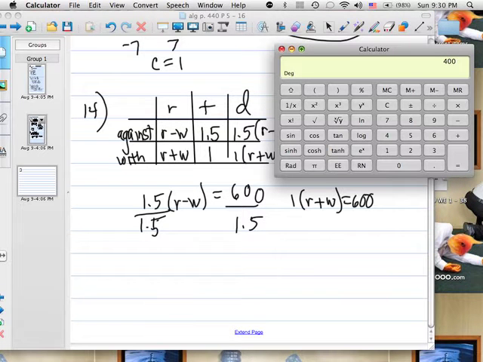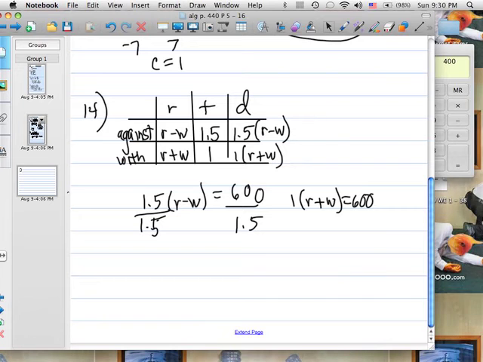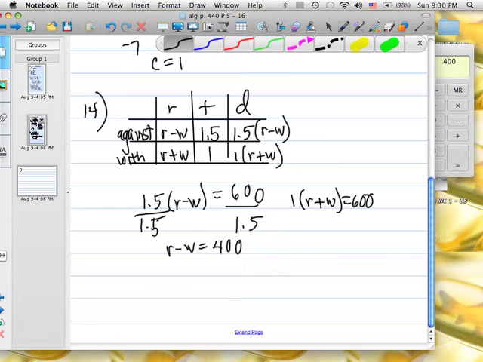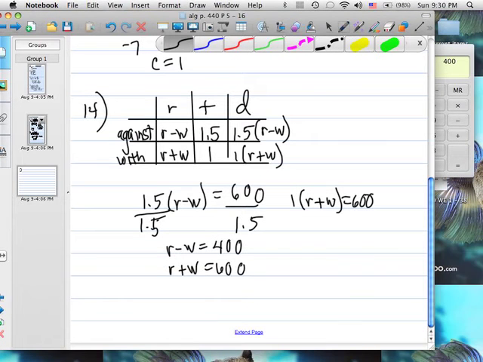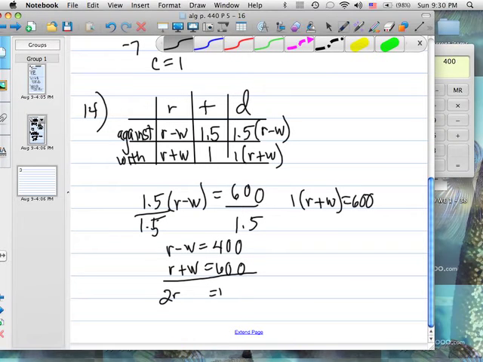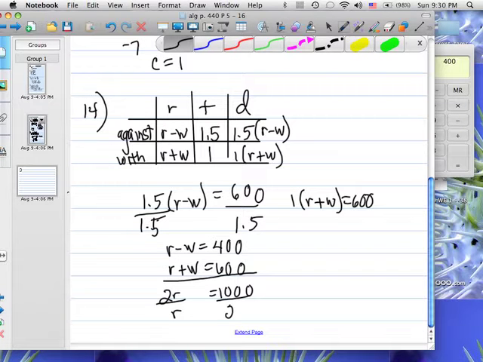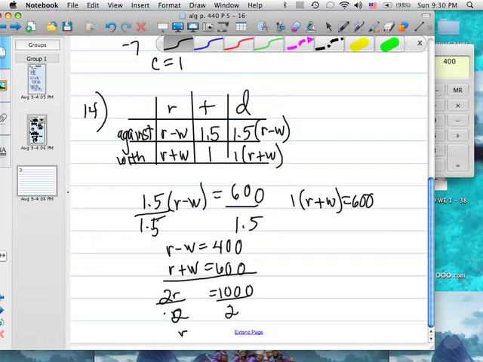We get 400. So R minus W equals 400. And this is just R plus W equals 600, so we can add them together. And we get 2R, the W's cancel out, equals 1,000. So R equals 500.